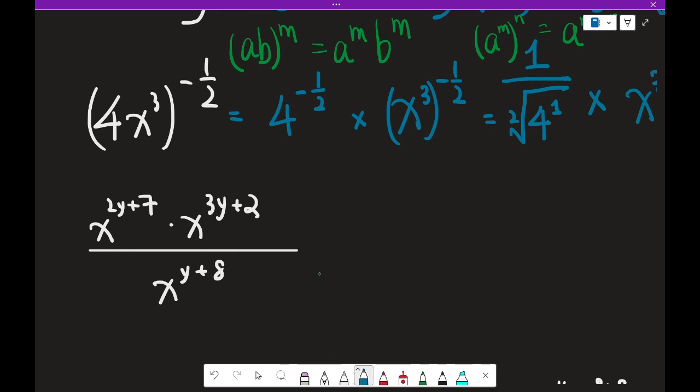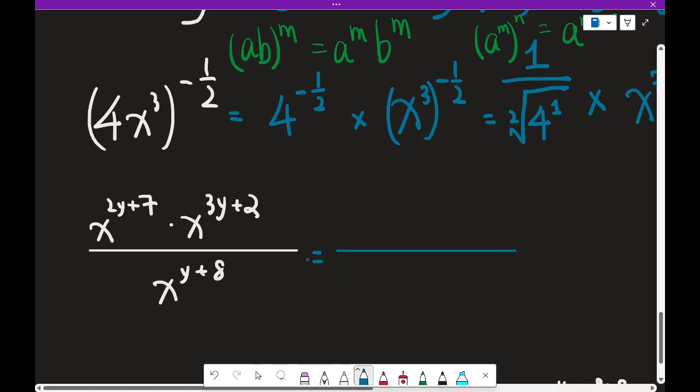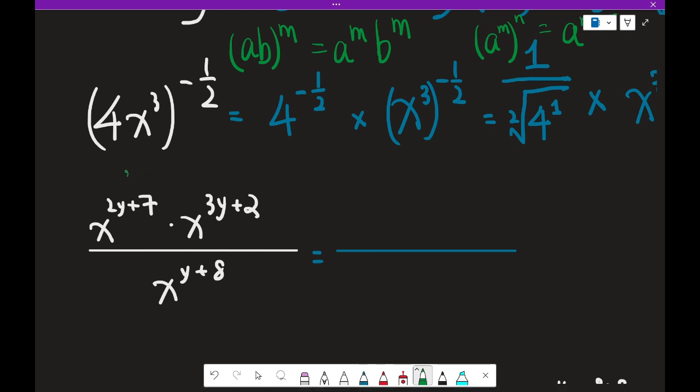First of all, let's deal with the numerator first. As we learned from the identity, whenever we have a to the power of m times a to the power of n, so same base, which is x in this case, different exponent, and the operation we are performing right here is multiplication, we can simply add the two different exponents together. So x to the power of 2y plus 7 plus 3y plus 2.